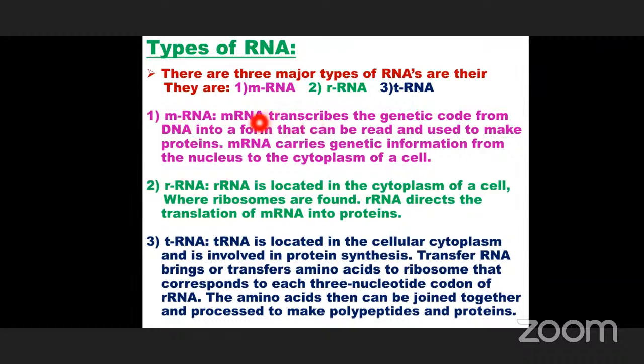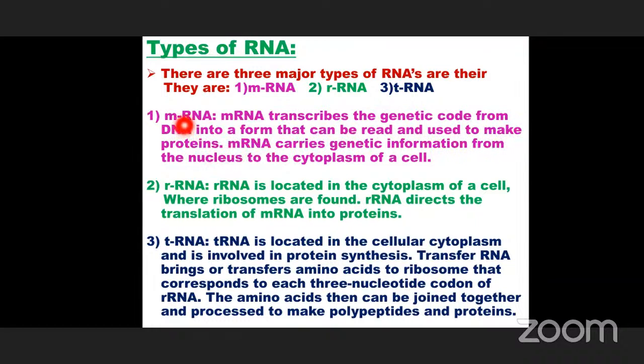Transcription means synthesis of mRNA from DNA. The transcription process is discussed in another session in detail.